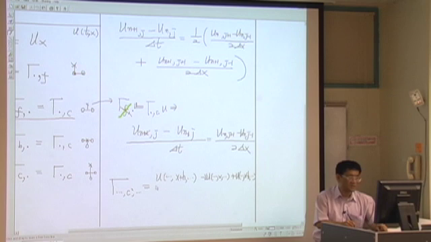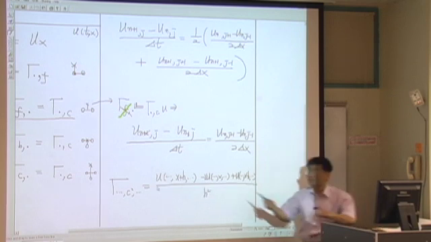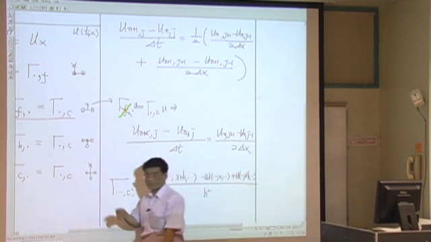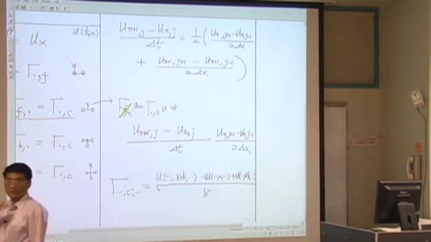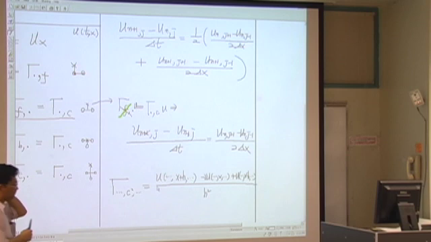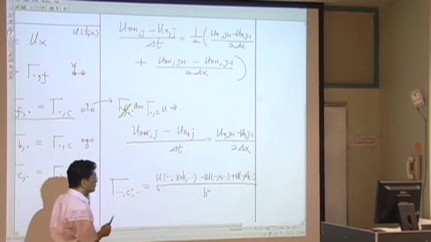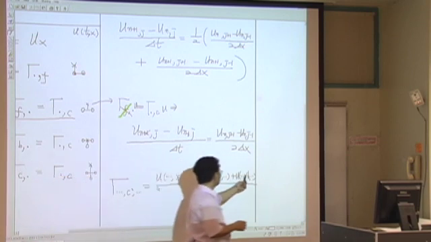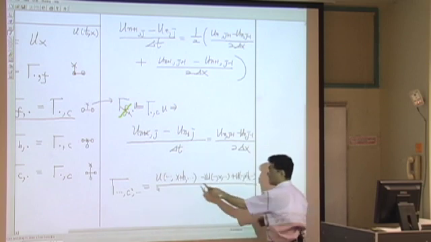So I will call this the c squared operator. It's obvious, right? Central operator squared, second order difference. x minus h, x plus h.